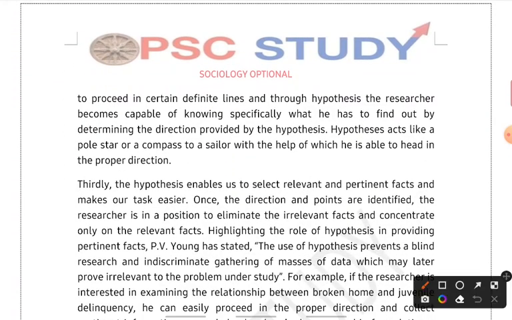Third, hypothesis enables us to select the relevant and pertinent facts and makes our task easier. Now okay, this is how I need to approach, right? So if you know how to approach, then obviously your data collection and facts collection will be quite easier, because you have planned how you need to study your theory.